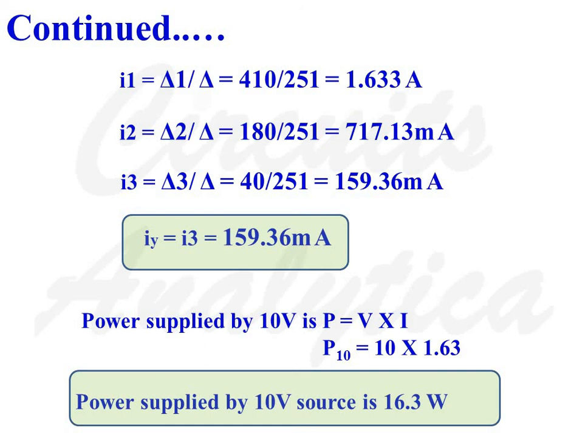So Iy is equal to 159.36 milliampere. Power supplied by 10 volt source is P is equal to V into I. So P10 is equal to 10 into I1. I1 is equal to 1.63. Therefore, power supplied by 10 volt source is equal to 16.3 watts.